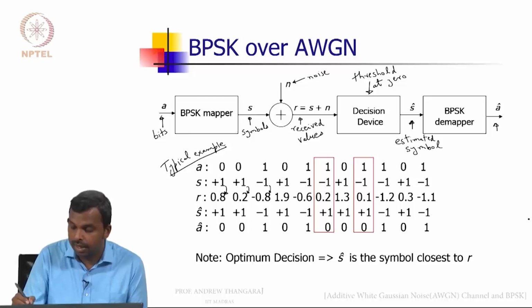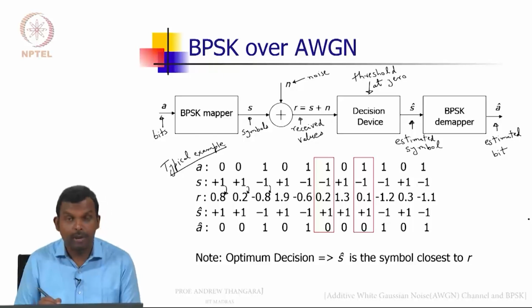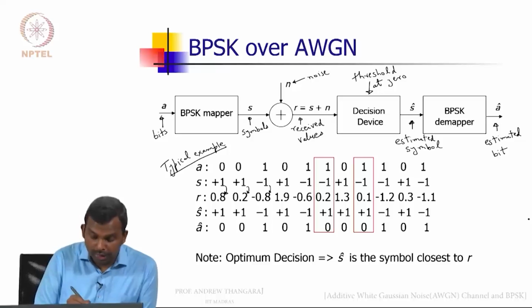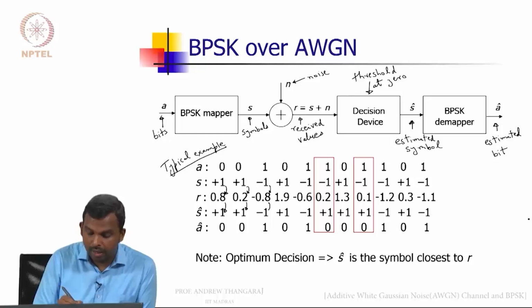Okay, and this is estimated bit. Okay. So, you can see what I have done here. Whenever the received value is positive, I am estimating it as plus 1. Whenever the received value is negative, I am estimating it as minus 1. Okay. So, that is what happens here.